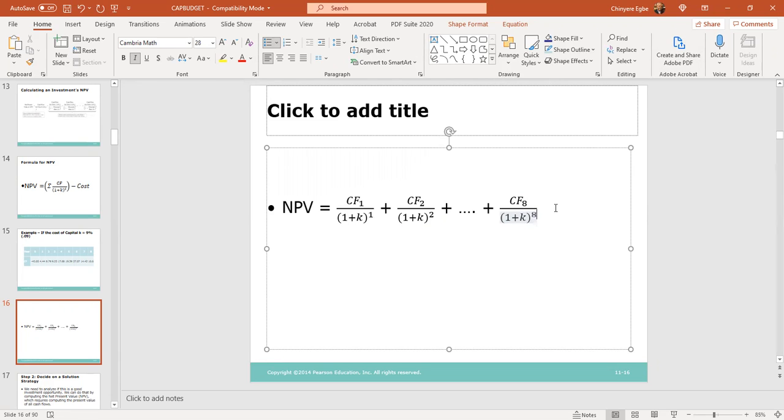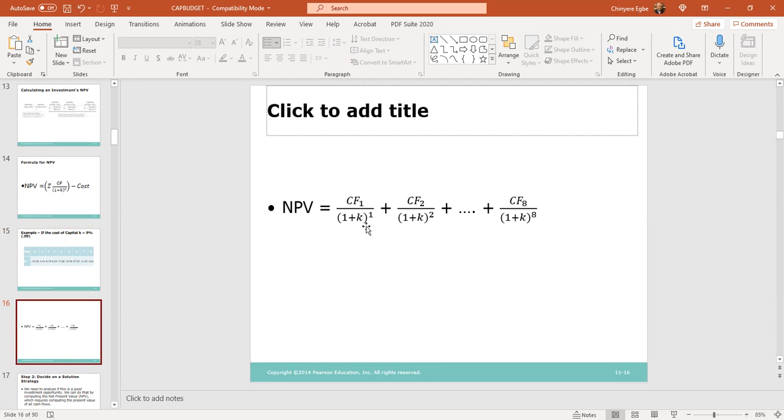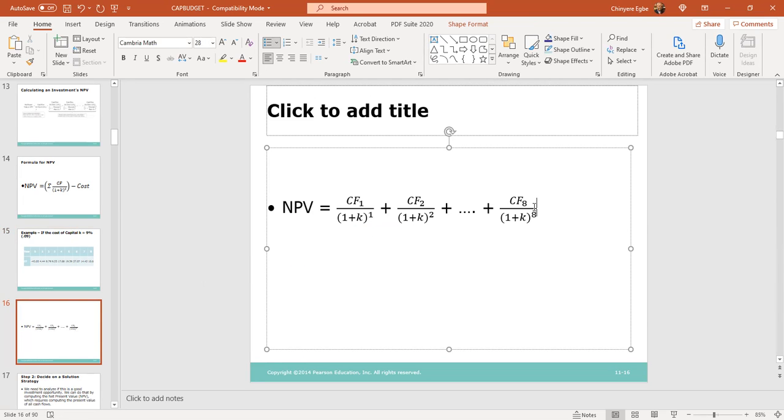So we take cash flow for the first year. And so what are the cash flows? I'm going to write down those cash flows in a very simple way. We have 45.05, which is the initial investment. And so again, we come here and we subtract 45.05, which is the cost of the investment. K is 0.09, or 9%.